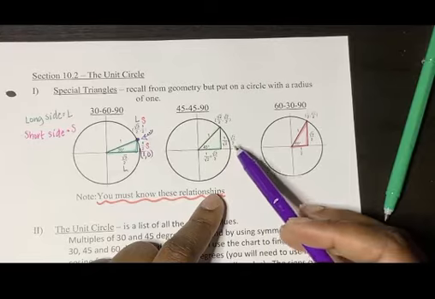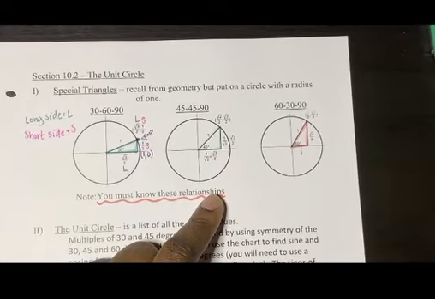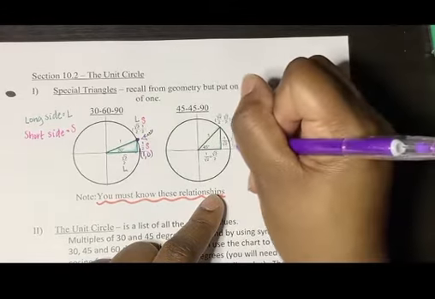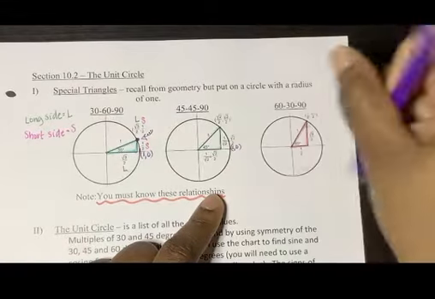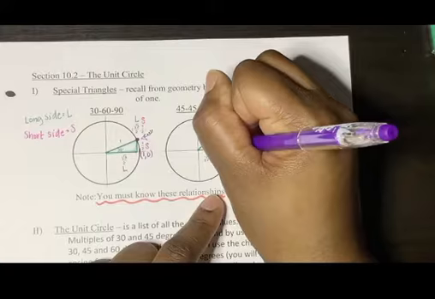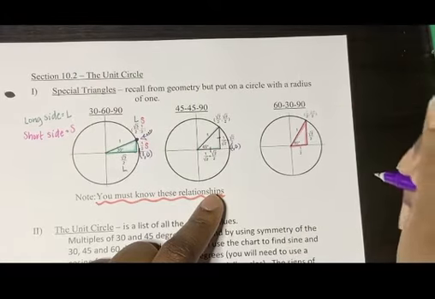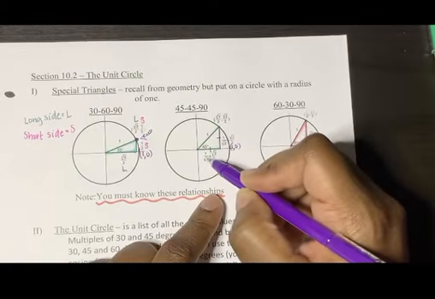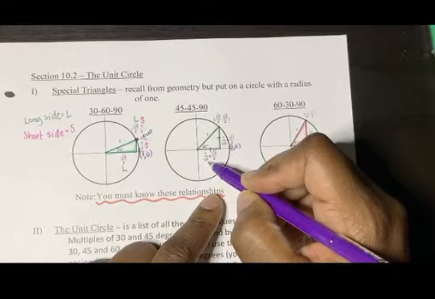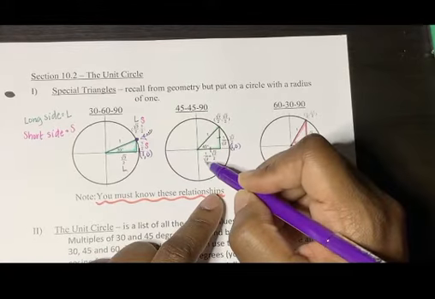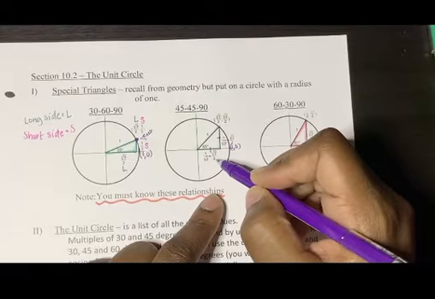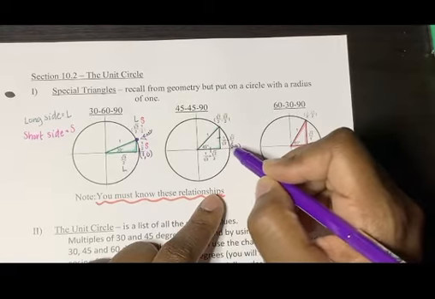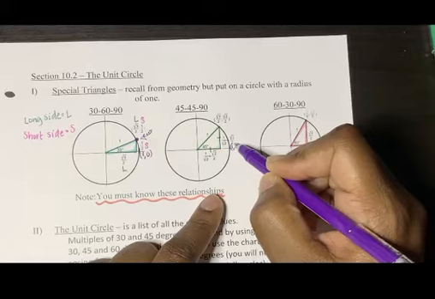Then we're going to look at the 45-45-90 triangle. If we know a 45-45-90 triangle, both of our side lengths are going to be the same. So this is congruent to this. Well, 1 over the square root of 2 is not something that we write because it has the square root on the bottom. So we write the square root of 2 over 2. And the same thing for this side. It's still going to be the square root of 2 over 2.